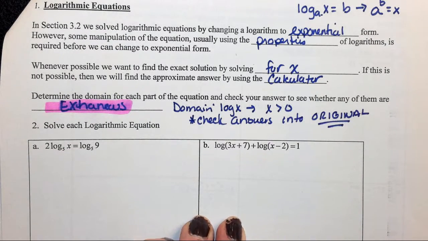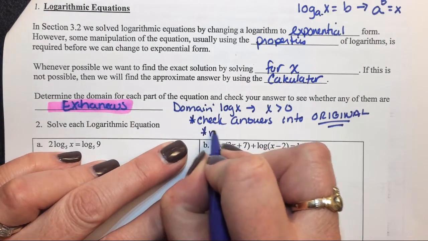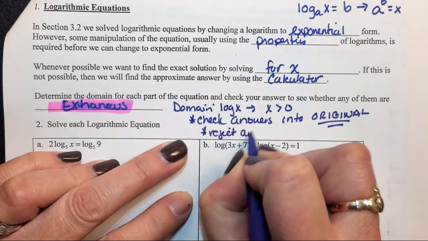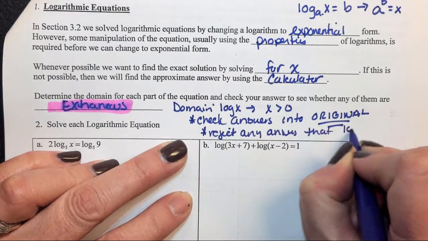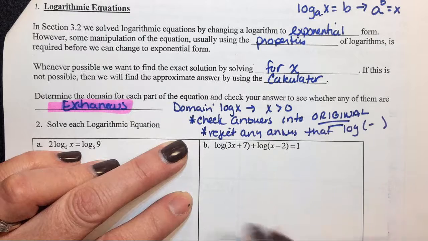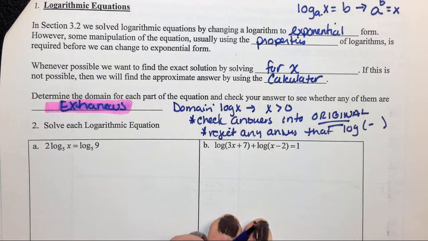You need to reject any answers that give you the log of a negative number. You cannot do the log of a negative. Those are your extraneous solutions. Just because you have a negative number doesn't mean it's extraneous, because depending upon the operations happening inside the log, it may work. So you always plug them back into the original.